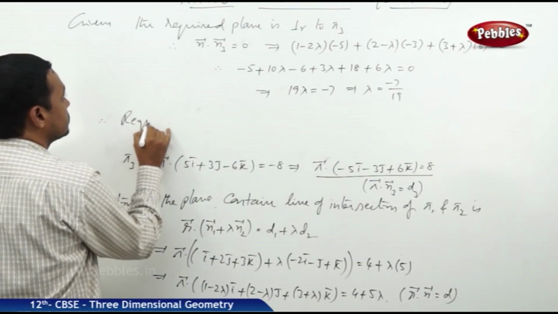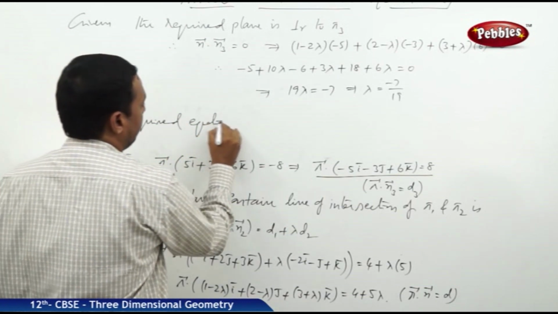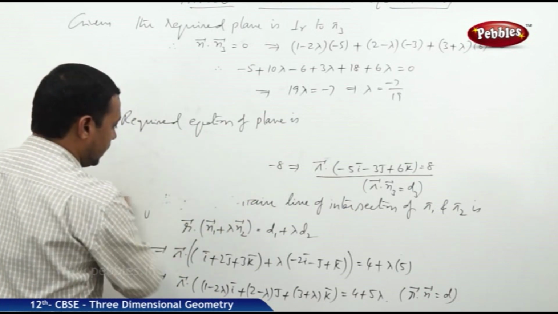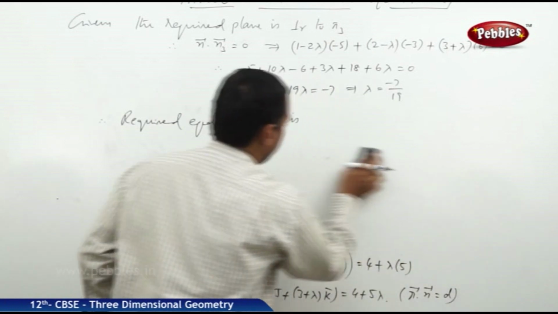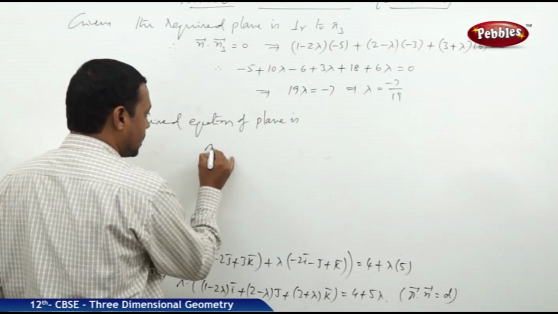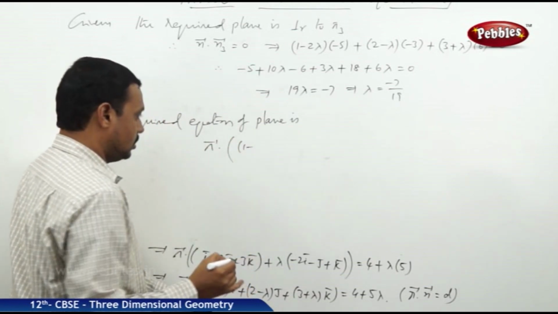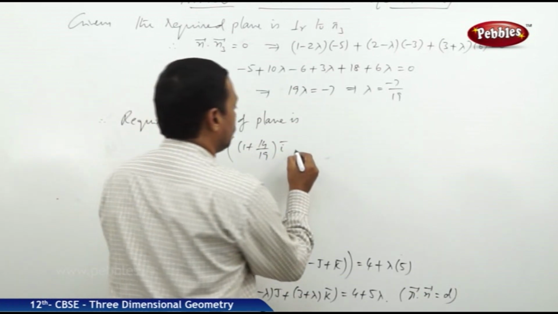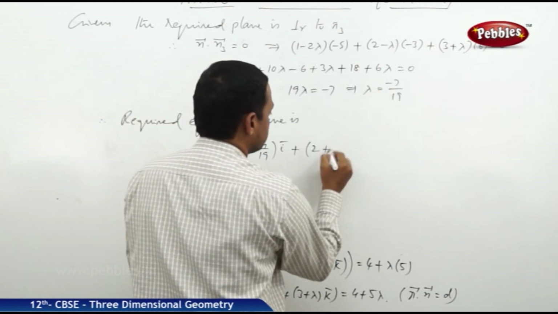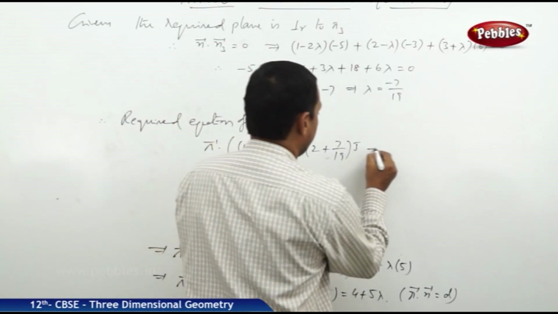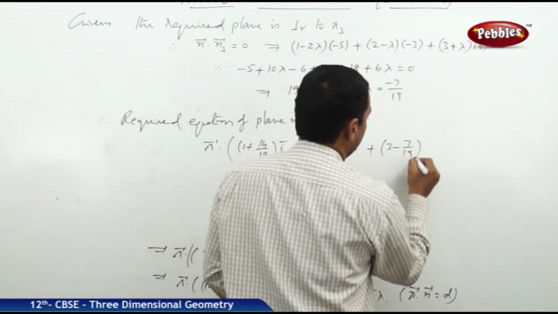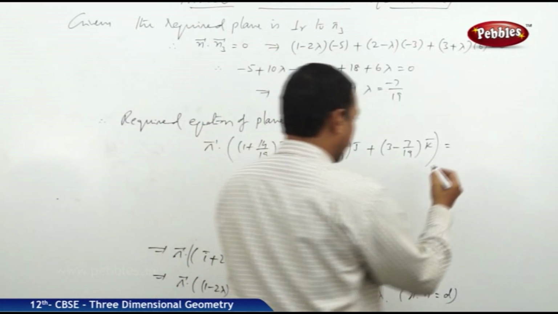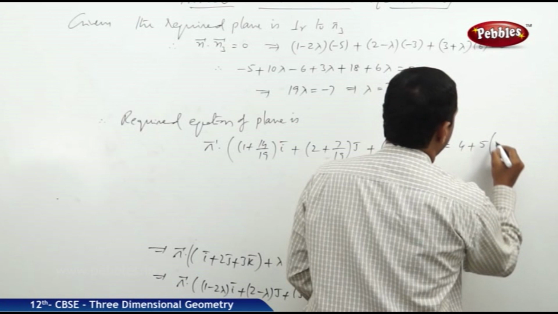Therefore, the required equation of the plane is, now let us substitute lambda is equal to minus 7 by 19 here, that is r bar dot 1 minus 2 into minus 7, plus 14 by 19 into I vector, plus 2 minus lambda, that is plus 7 by 19 into j vector, plus 3 minus 7 by 19 into k vector, is equal to 4 plus 5 into lambda, minus 7 by 19.